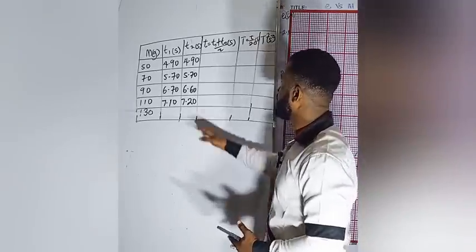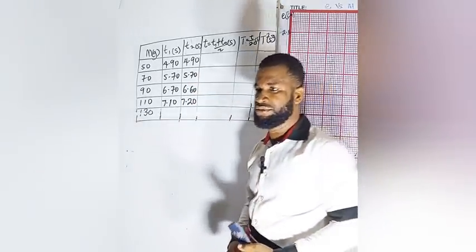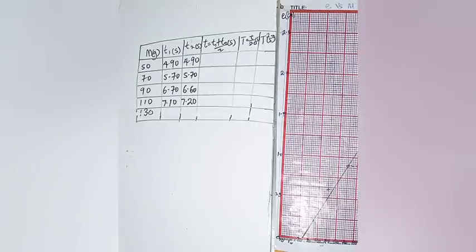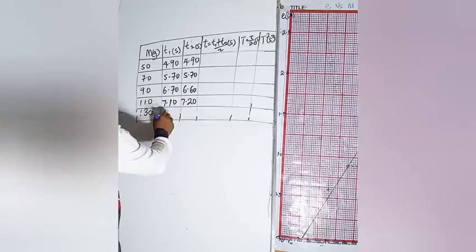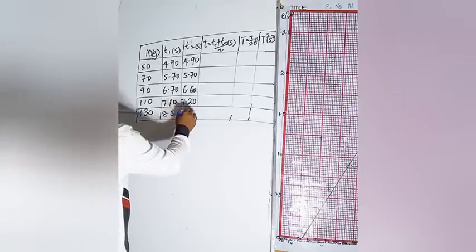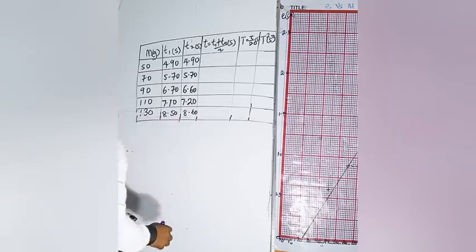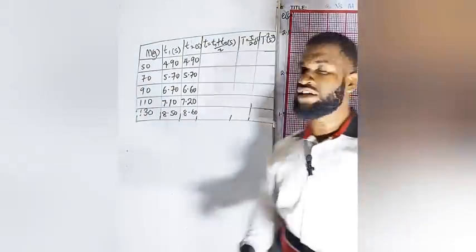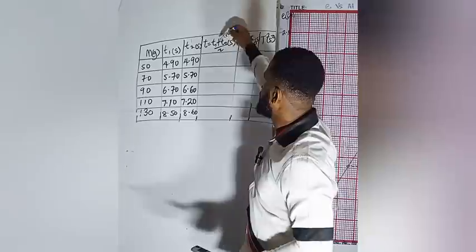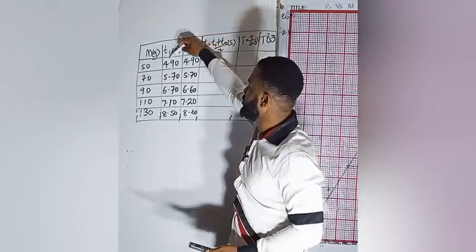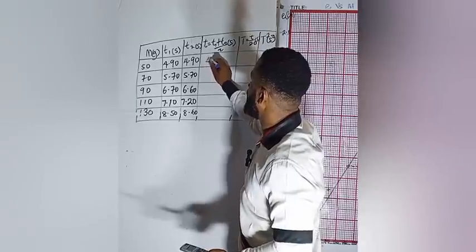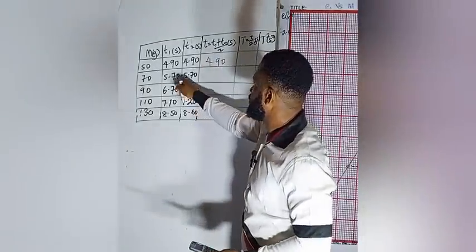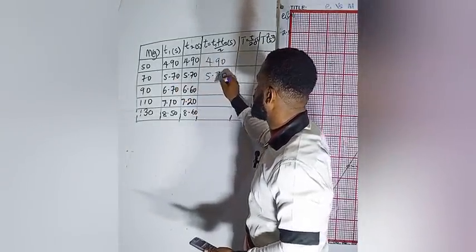So let's go check our table of values and work out the rest of the table. Now, T1 plus T2 over 2 means this plus this divided by 2. So the answer is going to be 4.90. This is also going to be 5.70 because nothing changed.